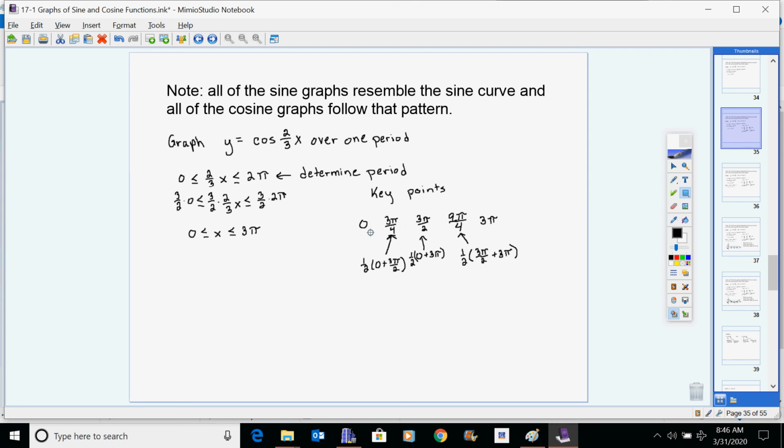So you're always looking for the 5 key points, the beginning and the end, and then you're doing a series of add and divide by 2 to get the middle, add and divide by 2 to get that. So now that you have them, the basic cosine pattern is 1, 0, -1, 0, 1. We don't have any multipliers, so the 1s all stay 1s, the 0s stay 0s.